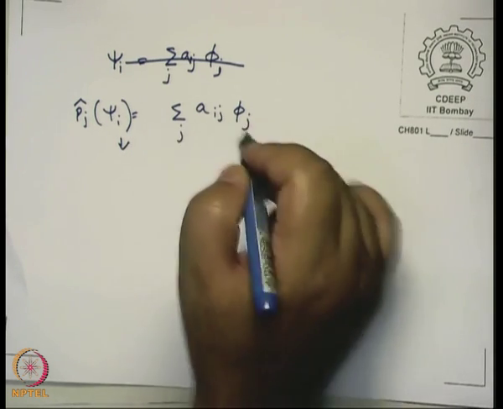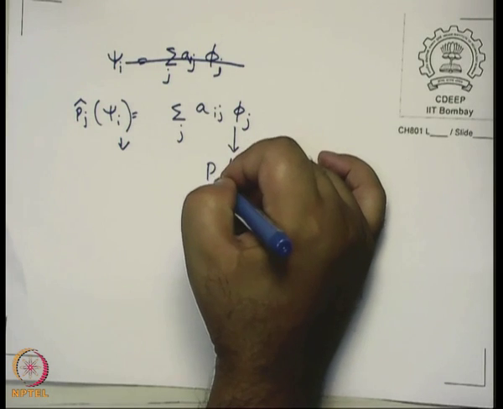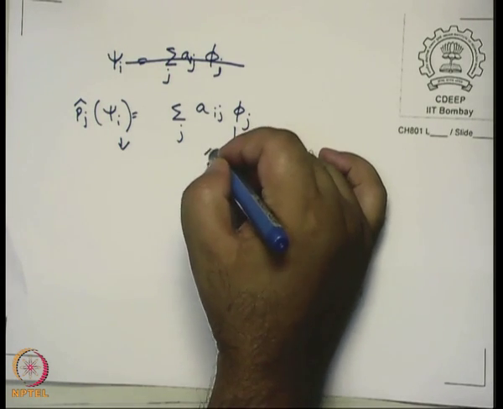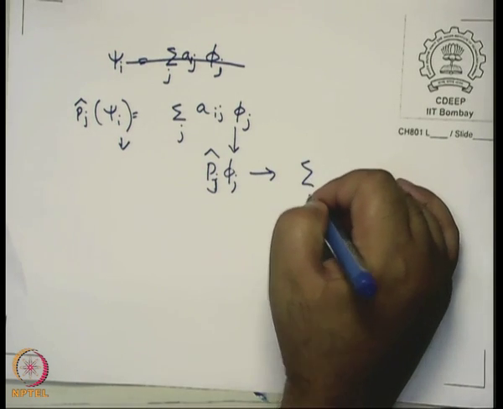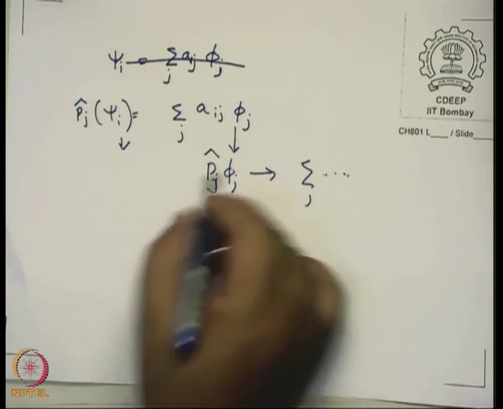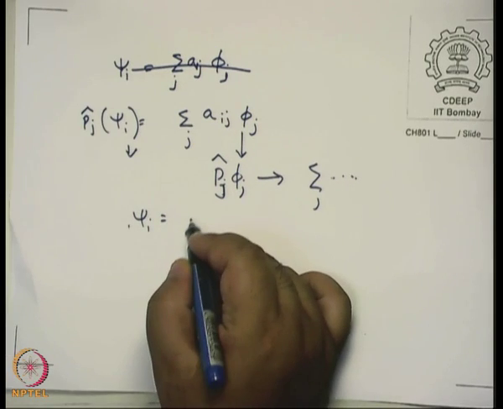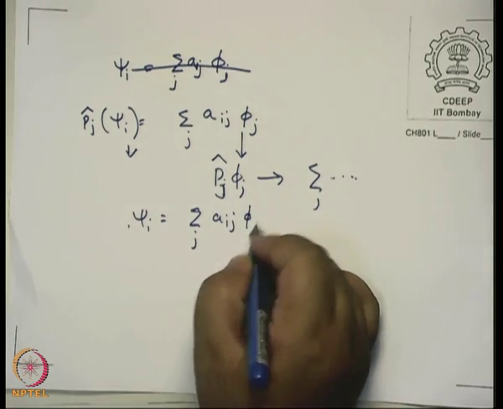But what I am now saying is that I am going to take this phi j, make the projection operator, I should write in some other way, I will write capital J, operate on this, and I am going to generate this linear combination itself. How is that possible? It is possible because, see, if I write this linear combination again, psi I equal to sum over j a I j phi j.